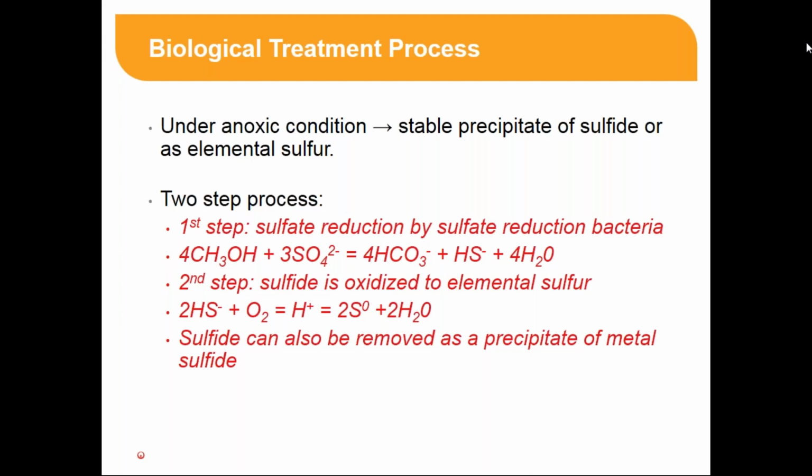When you have sulfides and your mine water contains heavy metals, most of the heavy metals get precipitated as metal sulfides, and metal sulfides have very low solubility limits. And these sulfides eventually get oxidized to elemental sulfur. That way your sulfates are removed from the system.